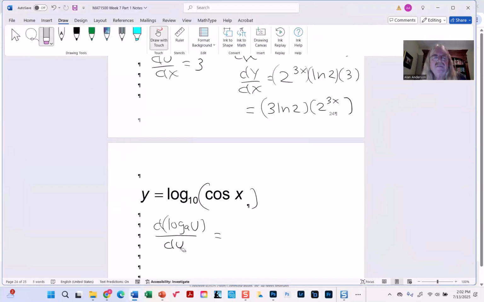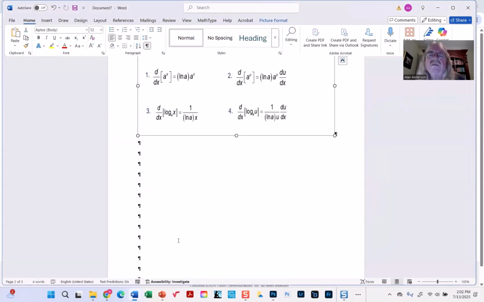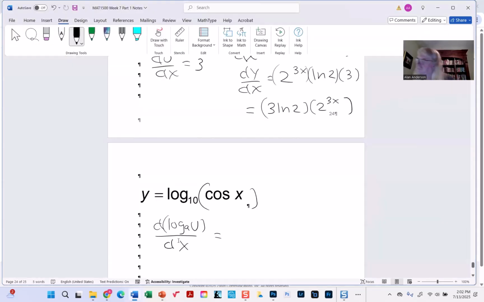It's log base a of u. That's better. Now we have 1 over log a of u, and then du dx. This is a product, by the way.